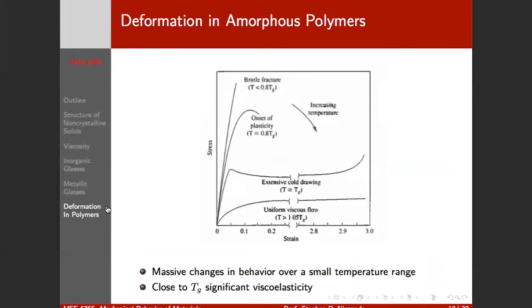If we're at the Tg, we get very extensive cold drawing. If we go to 5% over the Tg, we basically have a purely viscous behavior.